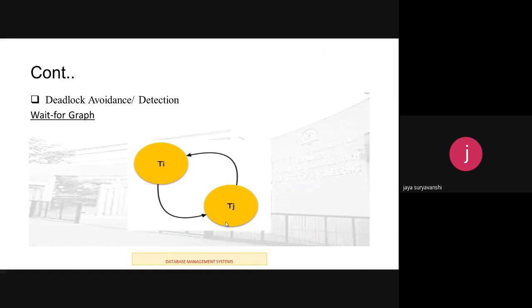So what happens using this method? First, in this method, do not allow any request for an item which is already locked by another transaction, and this is not always feasible and may cause starvation, where the transactions wait indefinitely for the data items and can never acquire them.